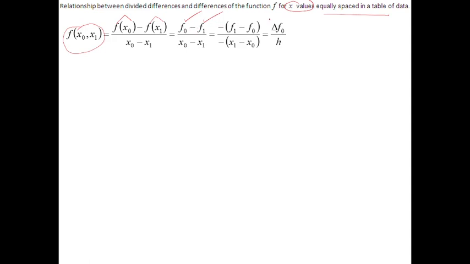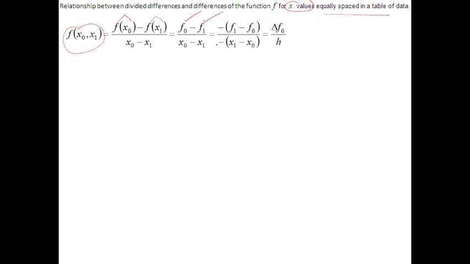Inside the parentheses, the sign of f1 will be positive, since minus f1 with the negative factored out becomes positive f1. The sign of f0 is positive, so when we factor out the negative sign, it becomes negative, all over negative x1 minus x0, similar to what we did in the numerator.